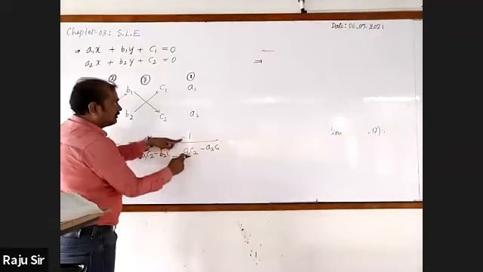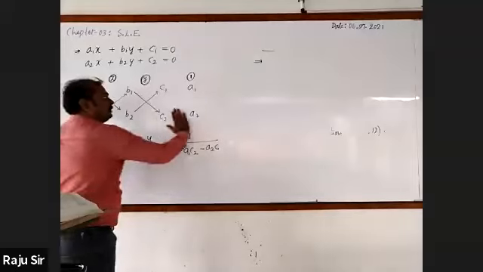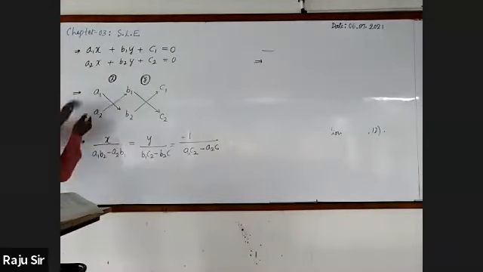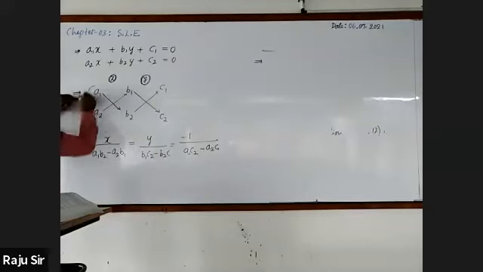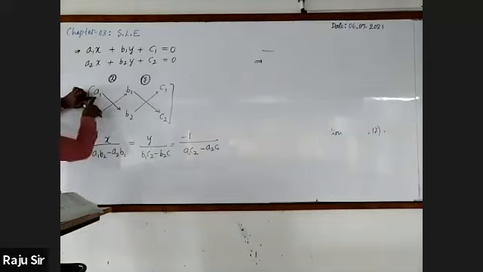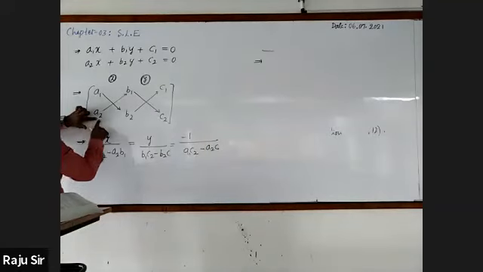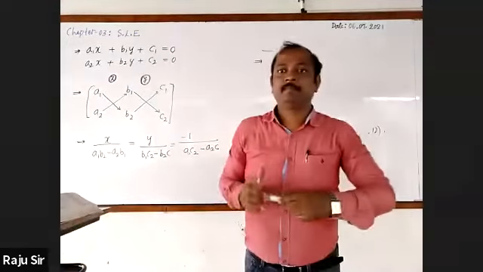In minus thought, A1 C2 minus A2 C1. Now I'm going to remove this. I'm taking only this much as it is. A1 A2 C1 C2 for constant. A1 C2 minus A2 C1. Is it clear? Yes, sir. Got it or not?